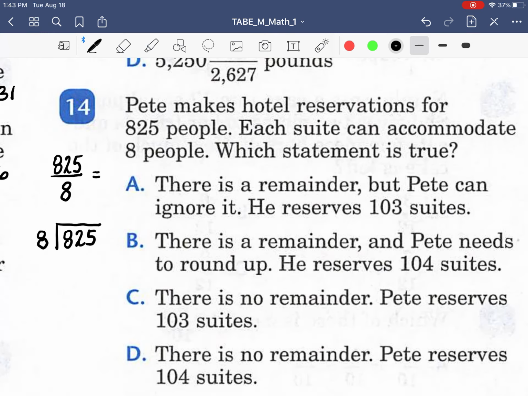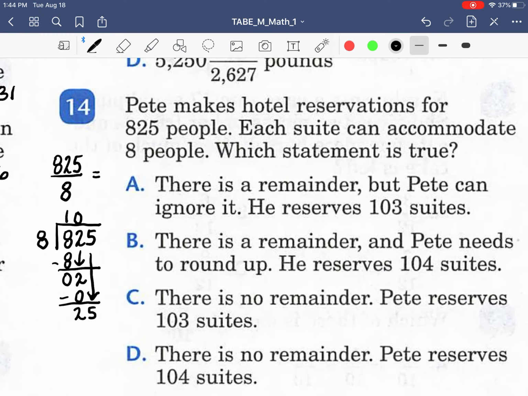And this time each of my fingers is worth 8. And 8 can go into 8 with none left. Bring down the 2. 8 cannot go into 2. 0 8s are 0.